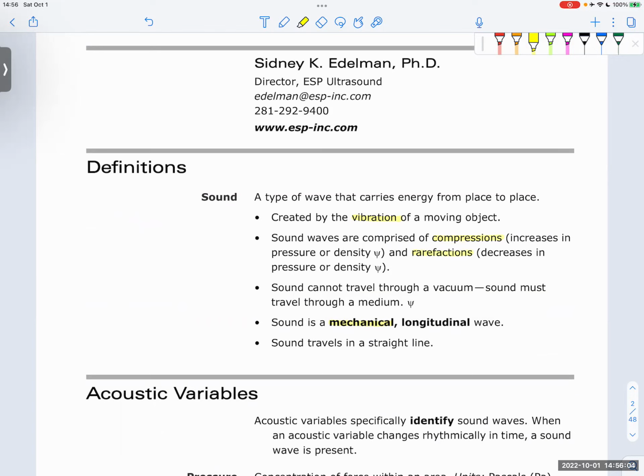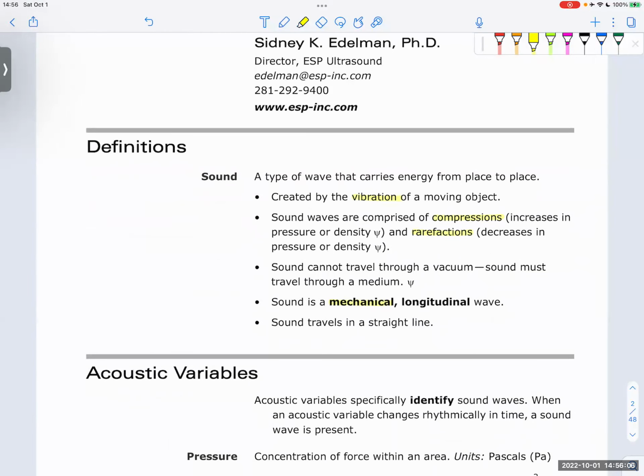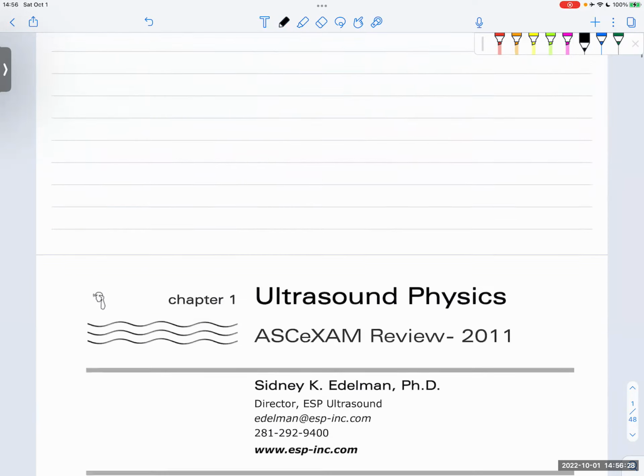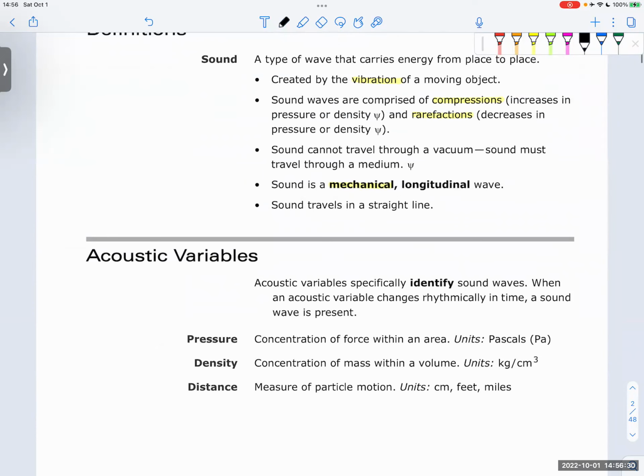Part of the definition of a mechanical wave is that it does not transmit in space, which is very important. So you have to have a medium. That's the first way to describe the sound wave.